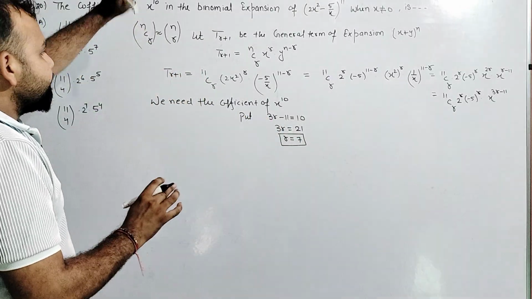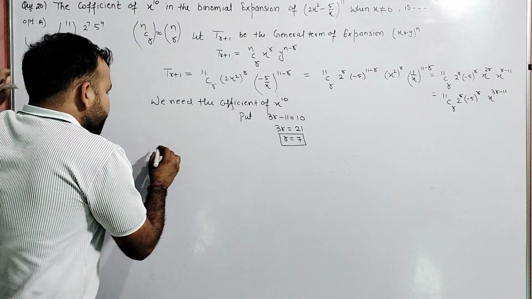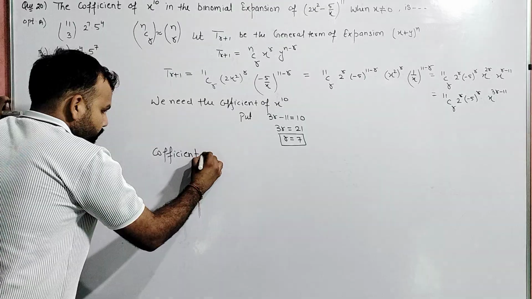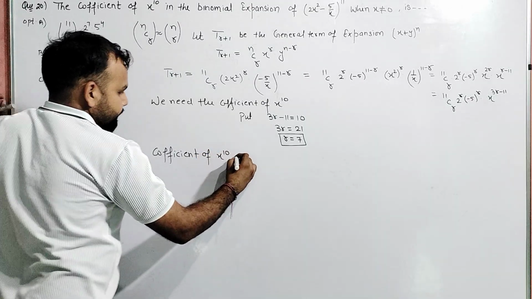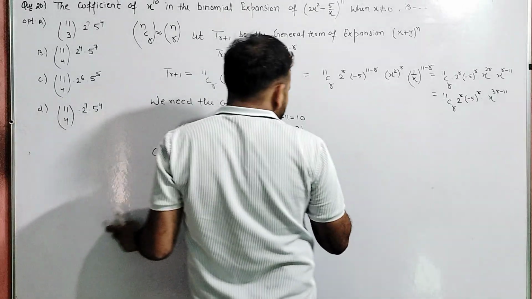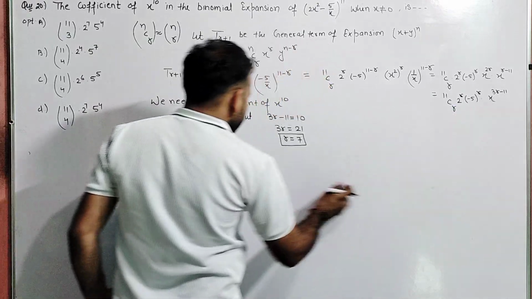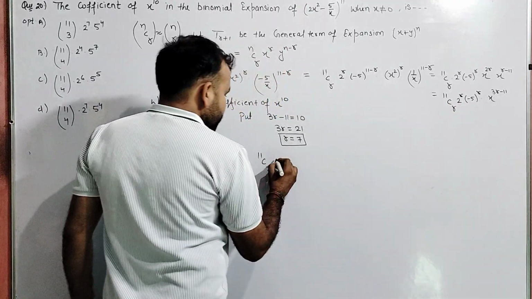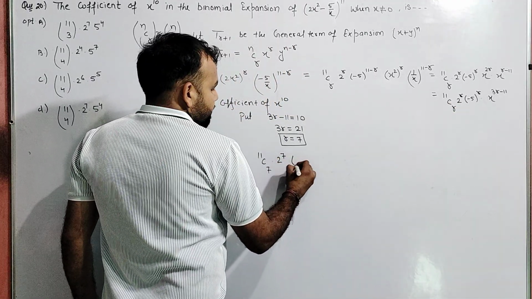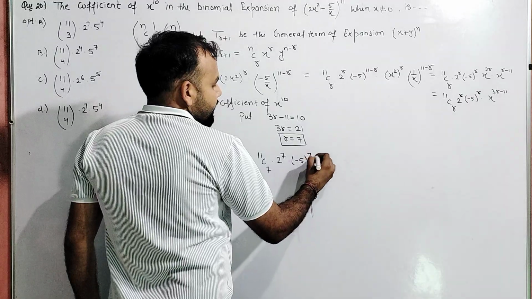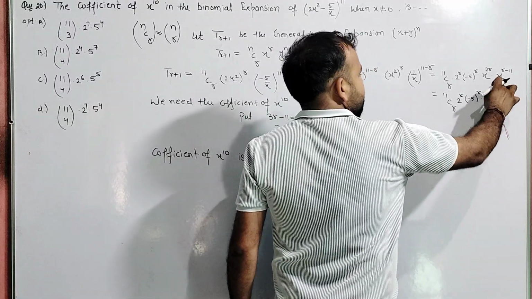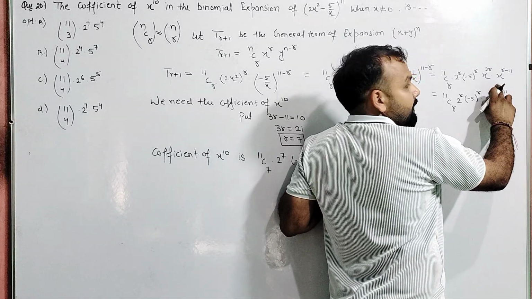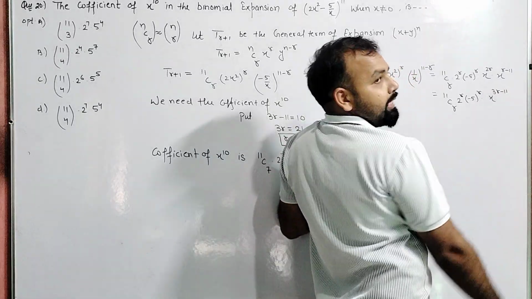So student, our coefficient of x to the power 10 is, put the value of r in that scenario, we got 11C7, 2 to the power 7 minus 5 to the power 7, and this will become x to the power 3 into 7, 21 minus 11, that means 10.